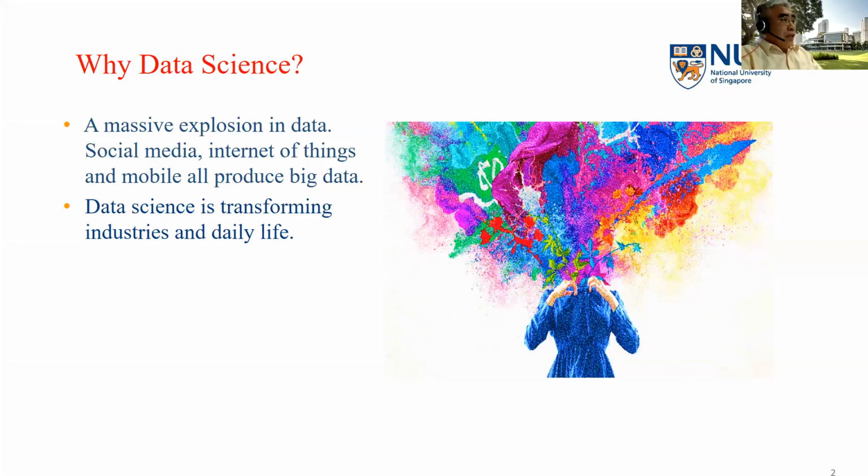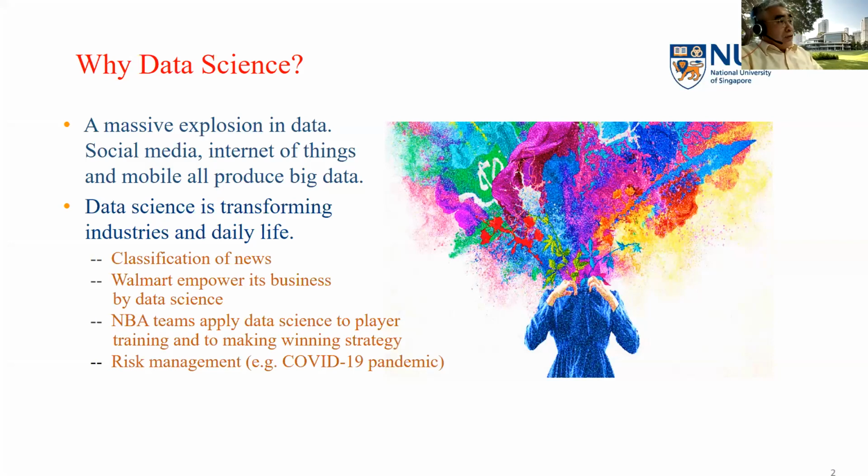Data science is transforming industries as well as daily life. For example, news is classified by online news providers such as Yahoo or Google. This is very convenient for everybody. Walmart is very successful in applying data science to improve their business.